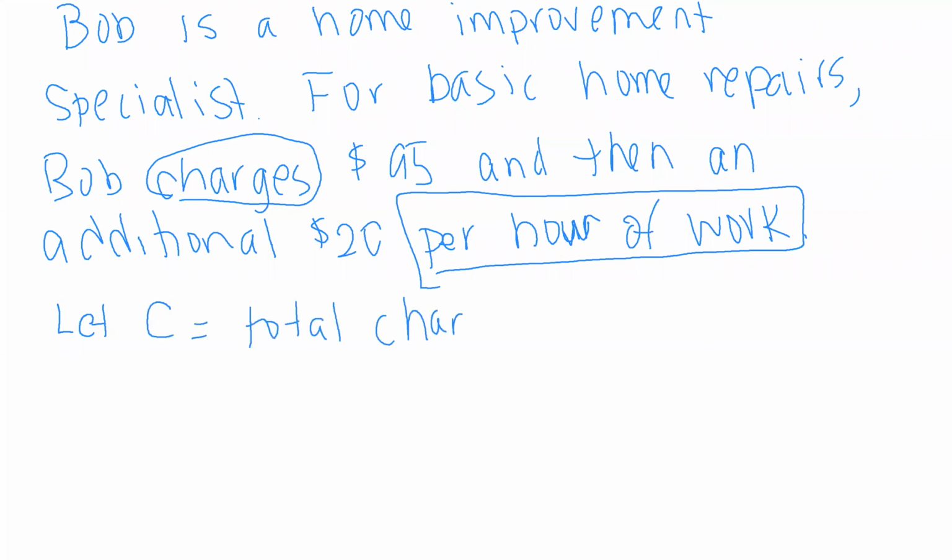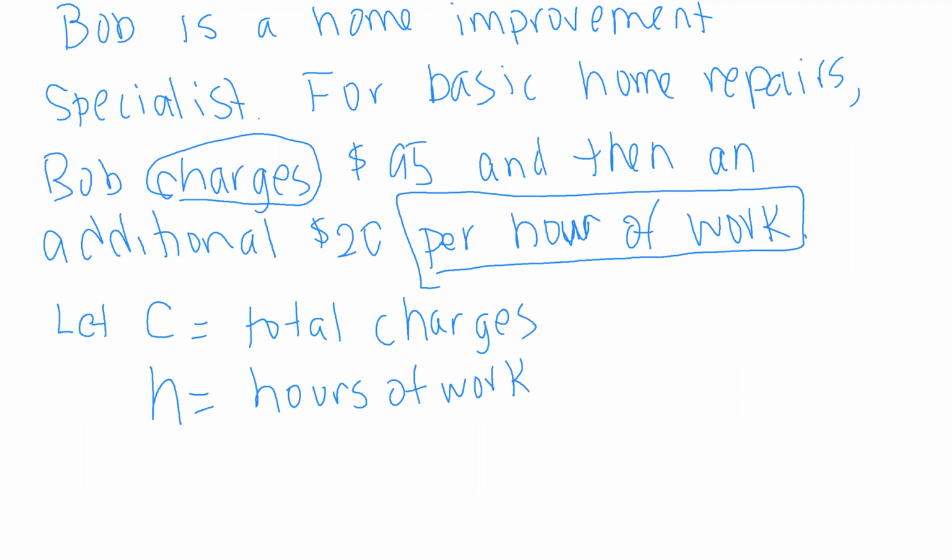So the total charges are that flat fee of $95 plus any additional hourly work. And then let's let H equal hours of work. So this is where we're using that direct translation. We're using our direct translation skills to assign variables to the unknowns, the total charges and the hours of work.